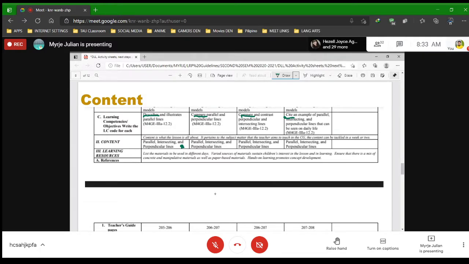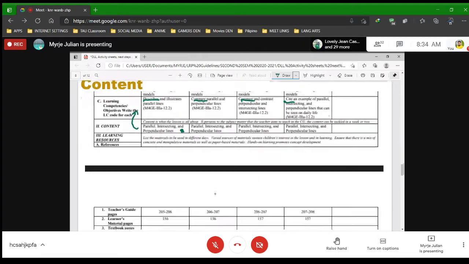Yun naman talaga yung main topic ng learning competencies natin, all about parallel lines, perpendicular lines, and intersecting lines. And then sa last naman is citing examples. So, the written content here is somehow connected to the learning competencies and acceptable na siya.